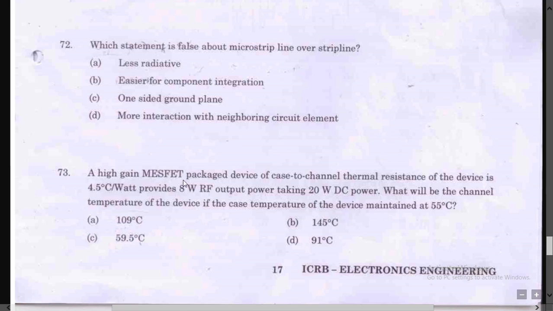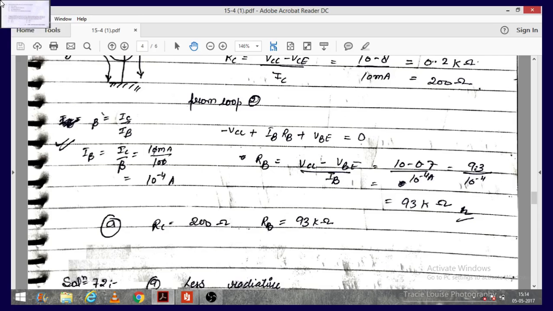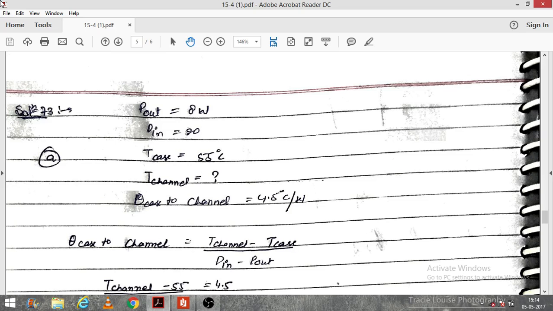The RF power P out is 8 watt, P in is 20 watt, and the case temperature is given as 55 degrees Celsius. So now P out is 8, P is 20, T case is 55 degrees, and we have to find the channel temperature; the case to channel resistance is given.